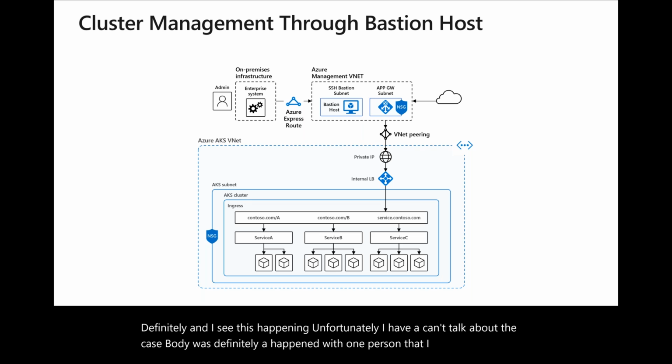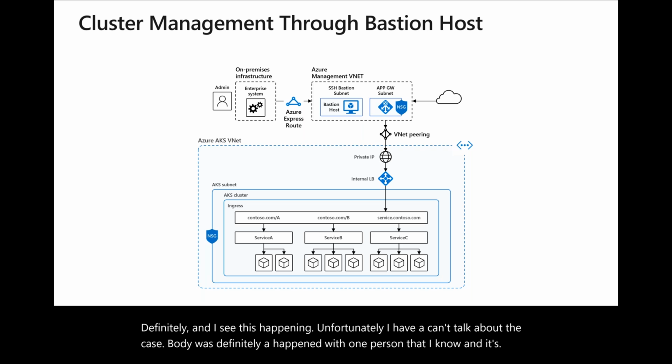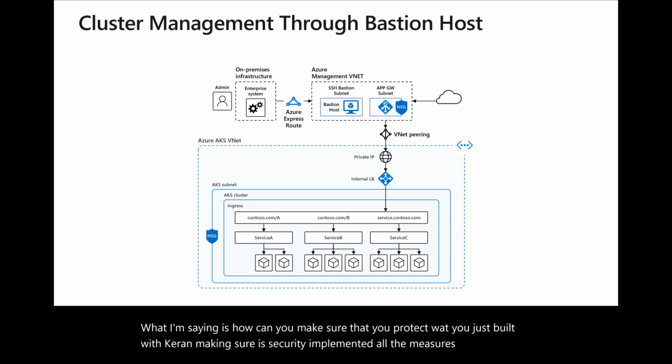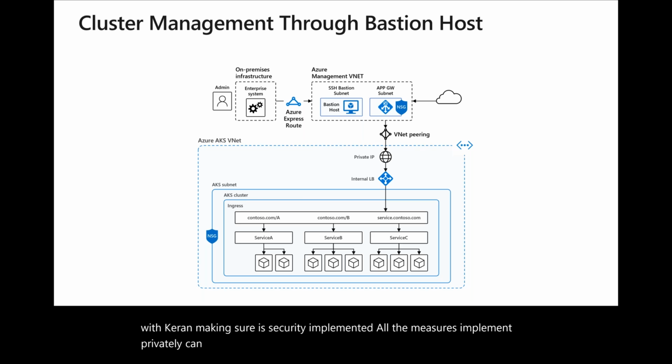What I'm saying is, how can you make sure that you protect what you just built with care and make sure it's secure? You implemented all the measures, you implemented Private Link, you implemented a firewall, you implemented encryption between pods, you implemented an RBAC model.